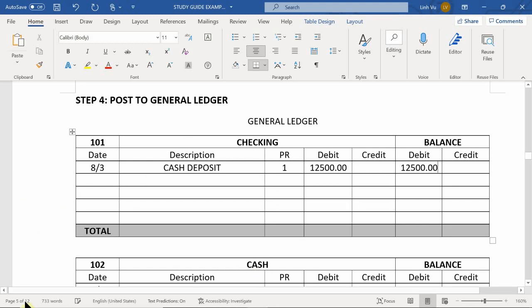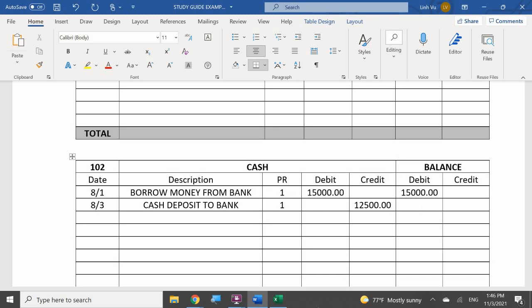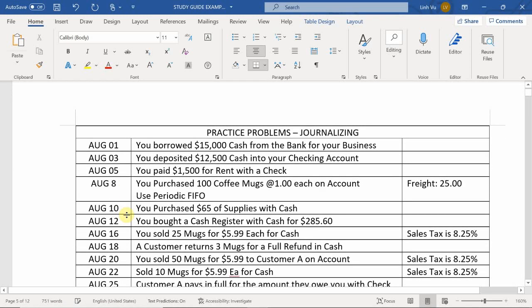And we have the cash, the cash deposit to the bank account, journal number one. On the credit side we have $12,500. Good.